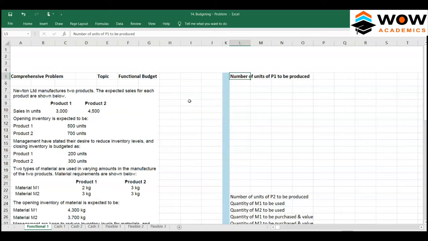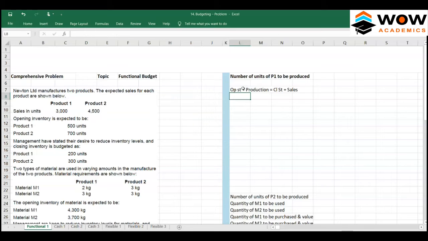The formula for the relationship between opening stock, closing stock, sales and production is: opening stock plus production equals closing stock plus sales.